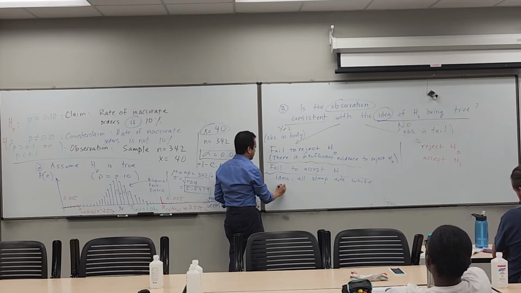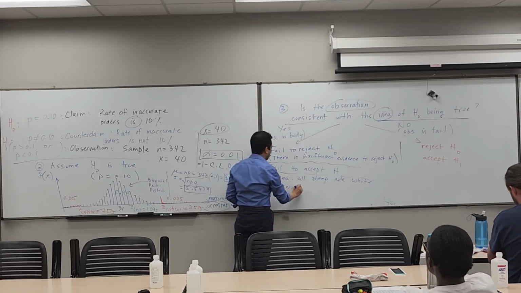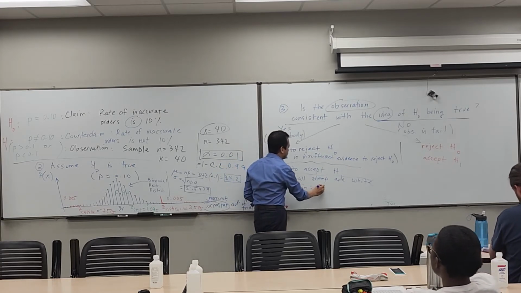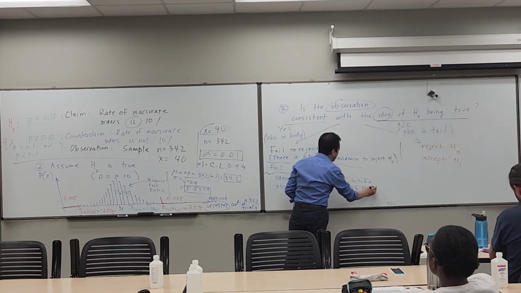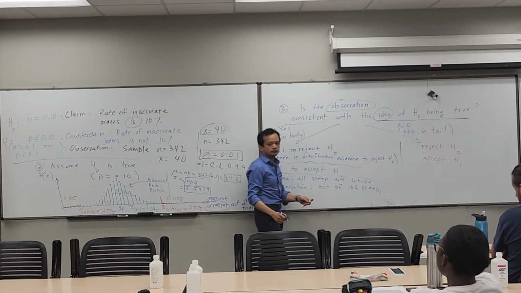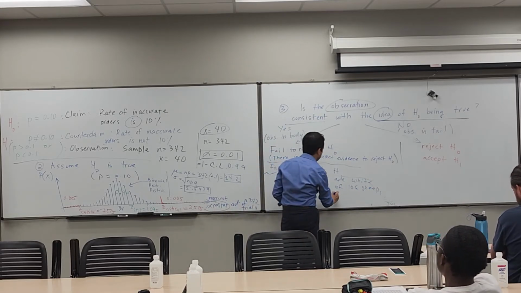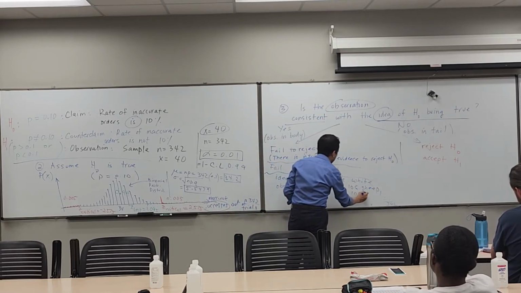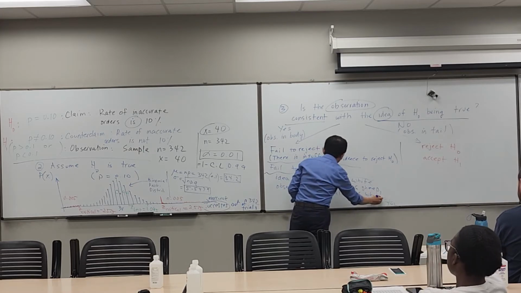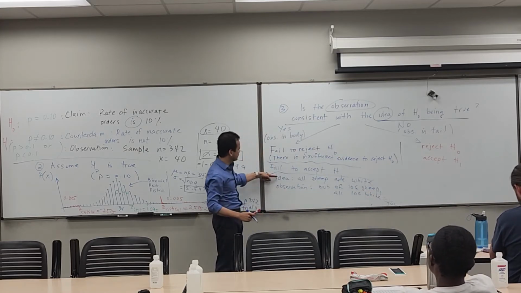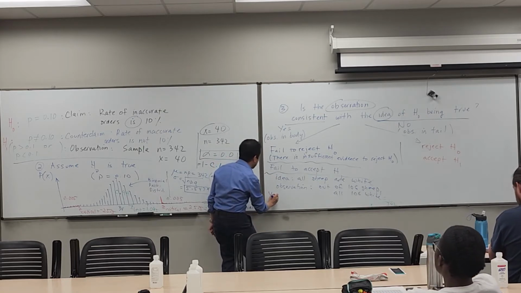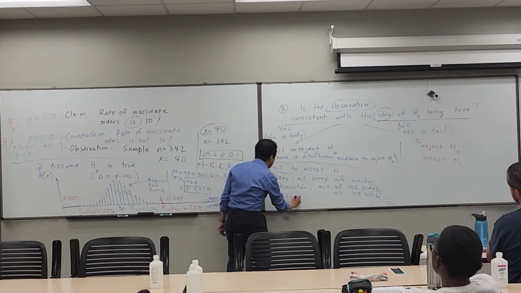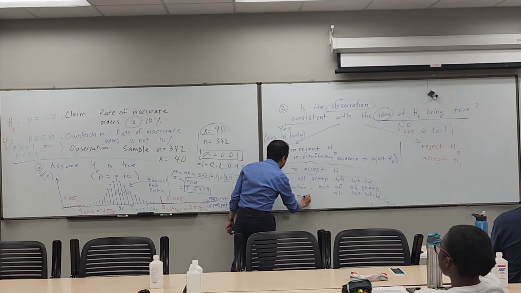And let's say that we have an observation that out of 106 sheep that we observe, all 106 are white. So in this example, is the observation consistent with the idea? Yes, so in this case, yes, the observation is consistent with the idea.